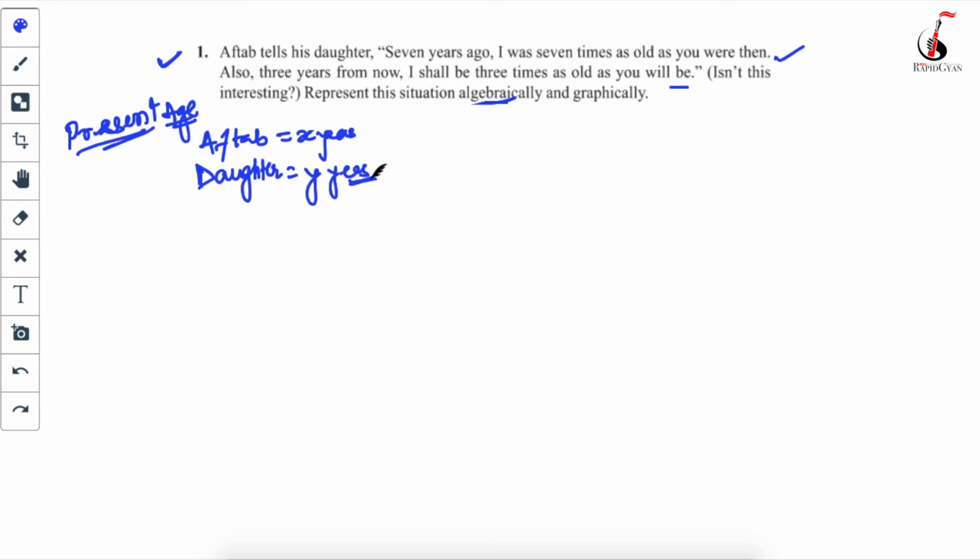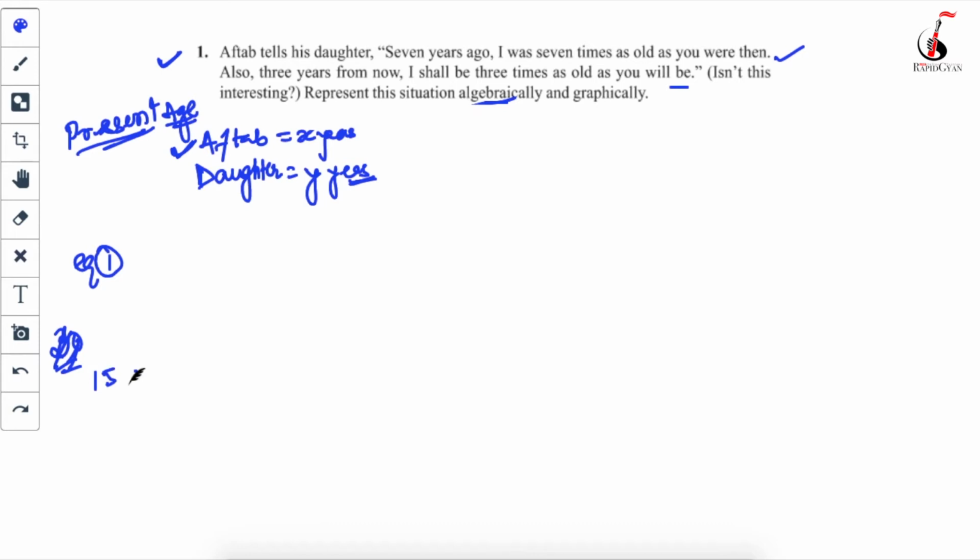Now go and frame equation 1. Equation 1 is saying that 7 years ago I was 7 times as old as you were then. Suppose your current age is 15. Since you guys are in 10th grade, I'm assuming your age is 14, 15 or 16.